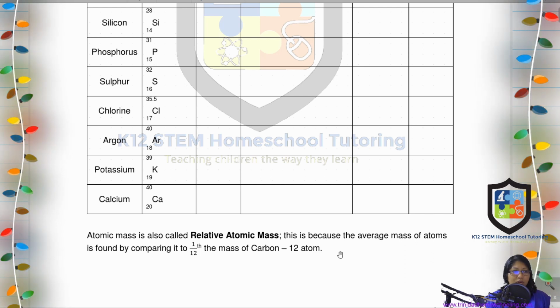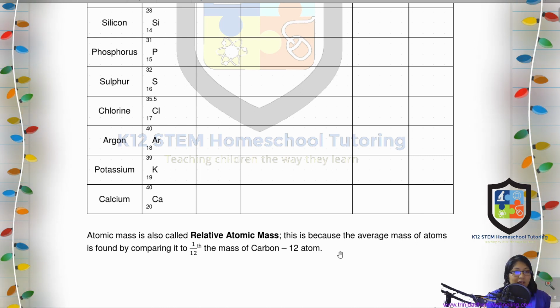If you use your ruler, you could say, okay, my laptop is about 15 centimeters long. You are measuring your laptop relative to the measurements on that ruler. Right? So same thing with anything that we measure. It's always compared to something else. And we use carbon because carbon is very abundant in nature. We are made of mostly carbon atoms.